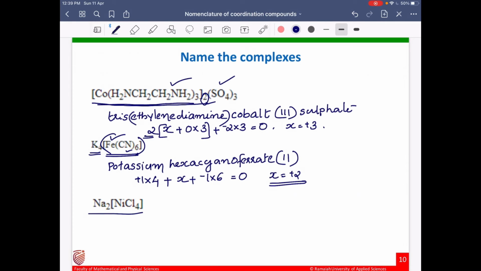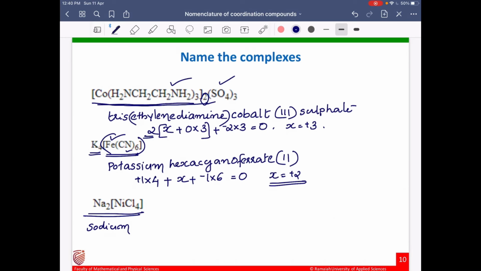Next example, Na2[NiCl4]. Again, the coordination complex part is anionic. So first we have to give the cation name. Cation is sodium. So we give the name for sodium first. Then the complex ion. In the complex ion, first we have to write the name for the ligand. Ligand is chloro. Total 4 chloro groups are there.